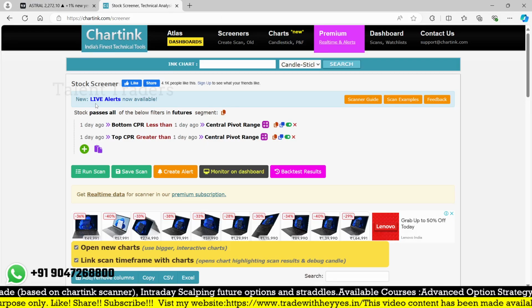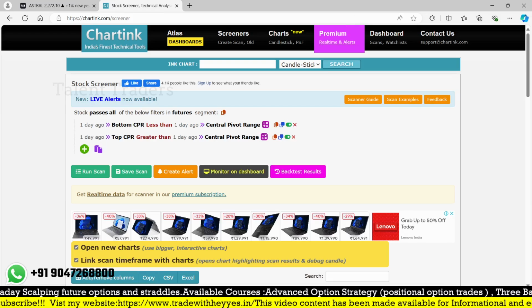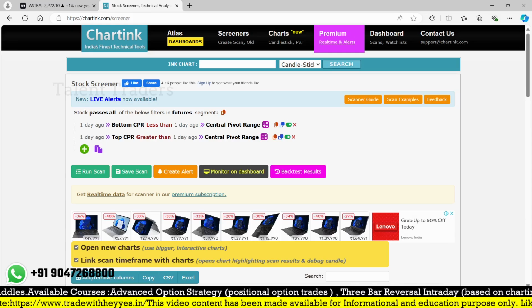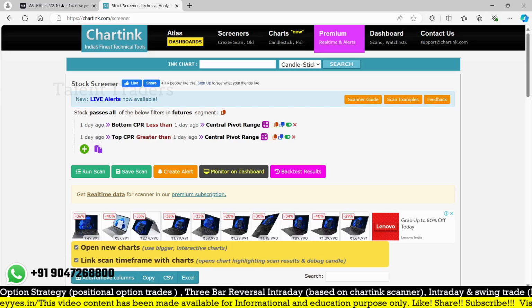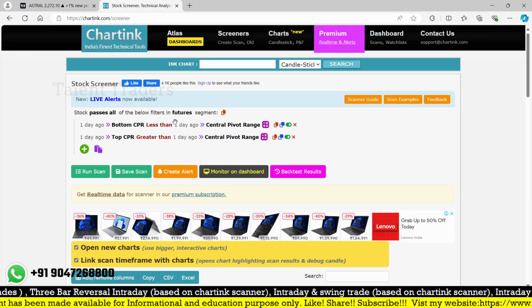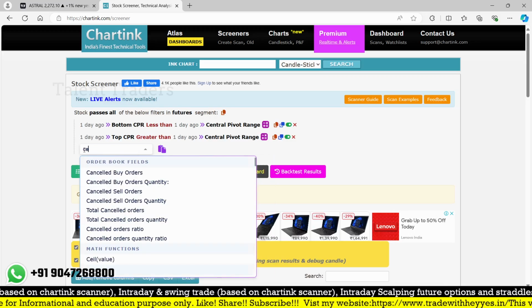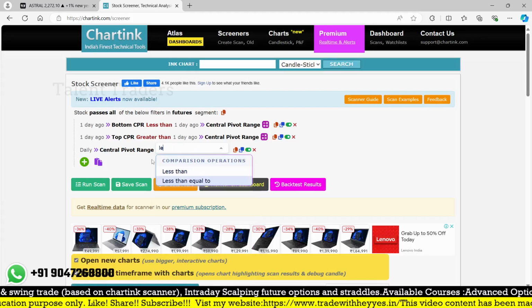So from there I'm just going to create one more thing. So we don't need a central pivot, and one other condition is central pivot, it must be less than.